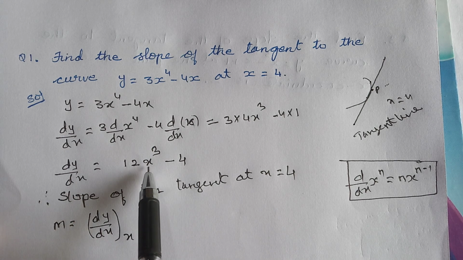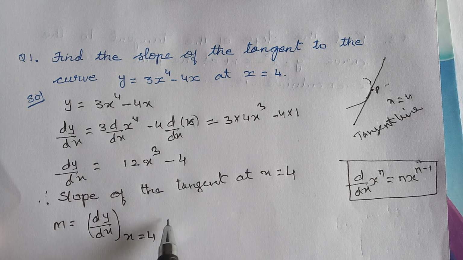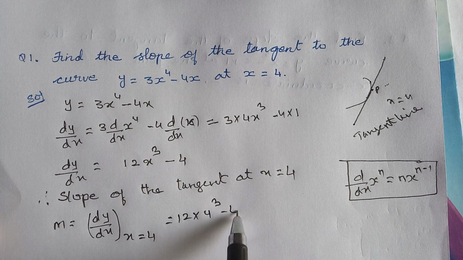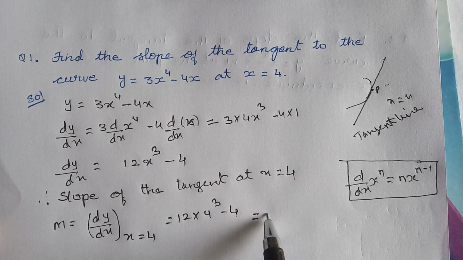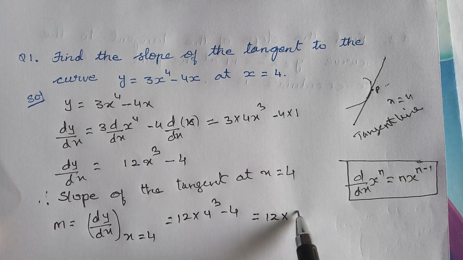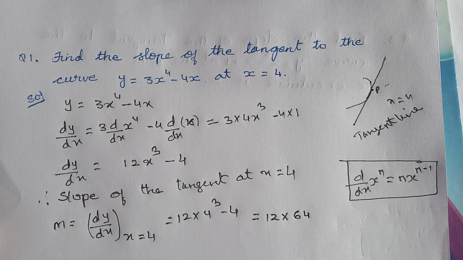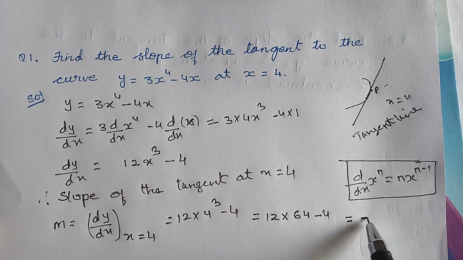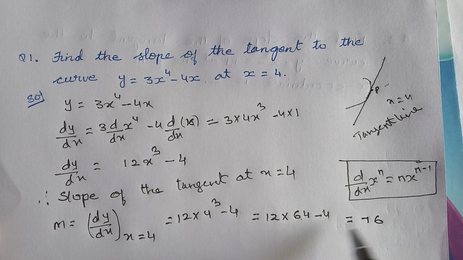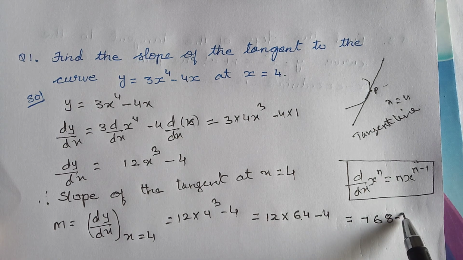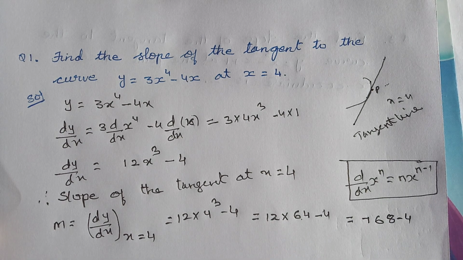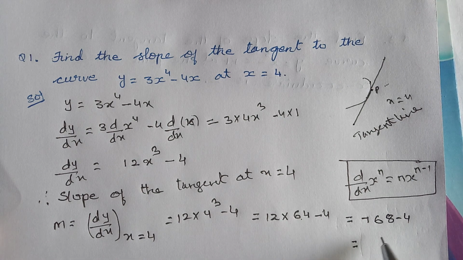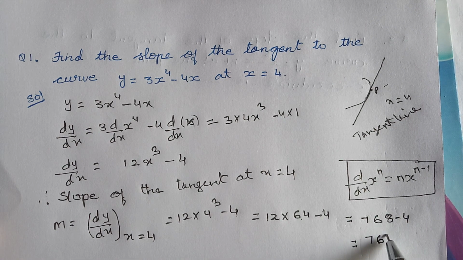In the place of x you substitute 4, that is 12 into 4 to the power of 3 minus 4. If you simplify more, 12 into 64, you will get 768 minus 4. Subtracting, you will get 764.